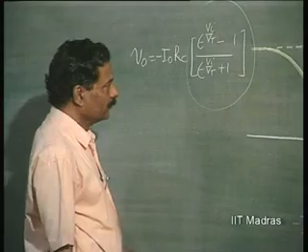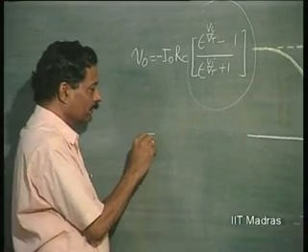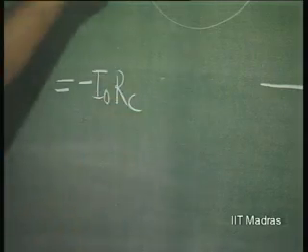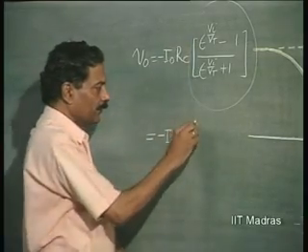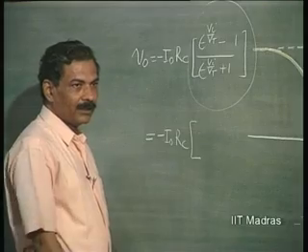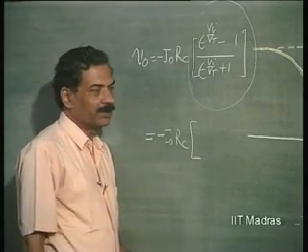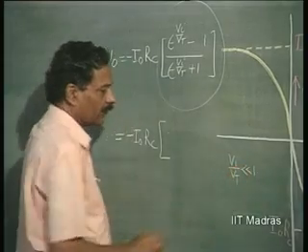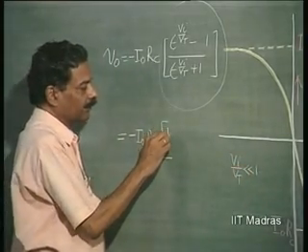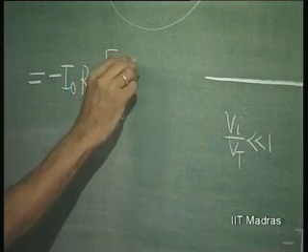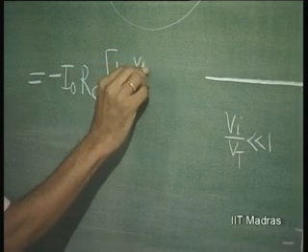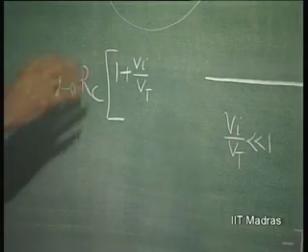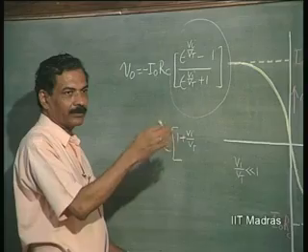Now, let us see how this is equal to minus I0 RC. If you expand e to power x when x is small, that means for Vi by Vt much less than 1, you can say that this is 1 plus x plus x squared by factorial 2 and so on.